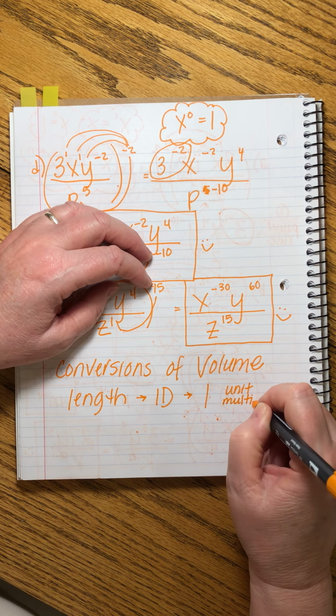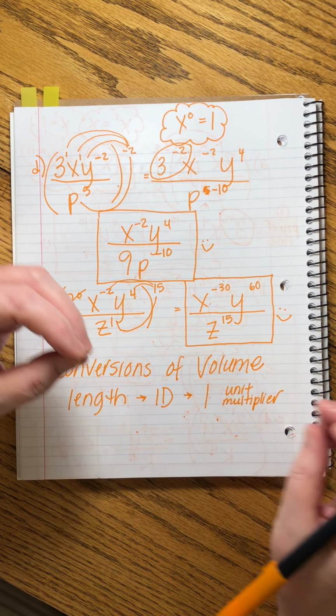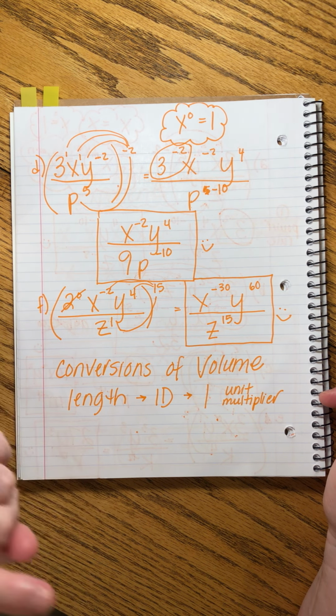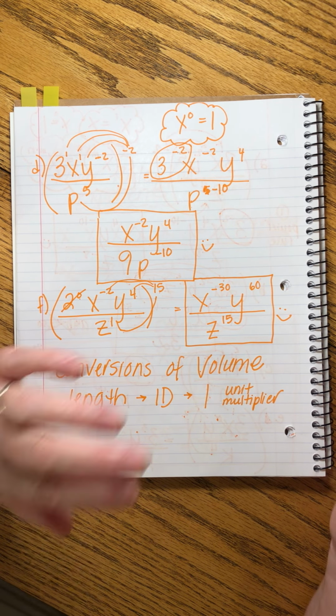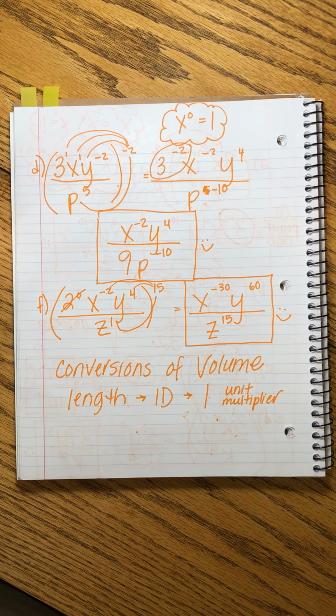A unit multiplier, just to remind you, is a fraction that relates two different units that are of equal length. So one unit multiplier might be 1 foot over 12 inches or 12 inches over 1 foot, right? The unit multiplier is that fraction thing that we multiply by. When we're converting a length, we only have to use one unit multiplier.